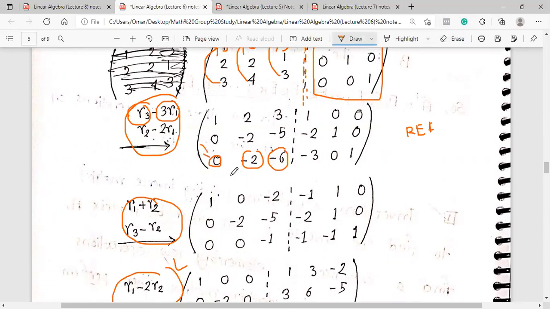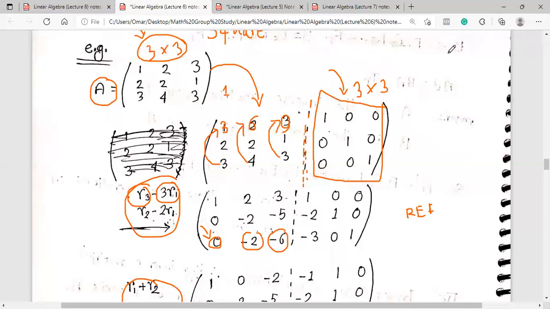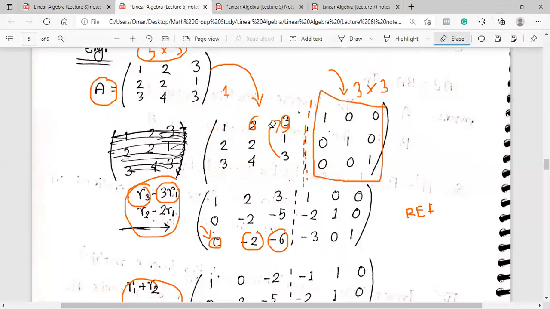And also we can do 2 steps. For example, if you multiply 2 with the first row, so 2 multiply 1 is 2, 2 multiply 2 is 4, and 2 multiply 3 is 6.